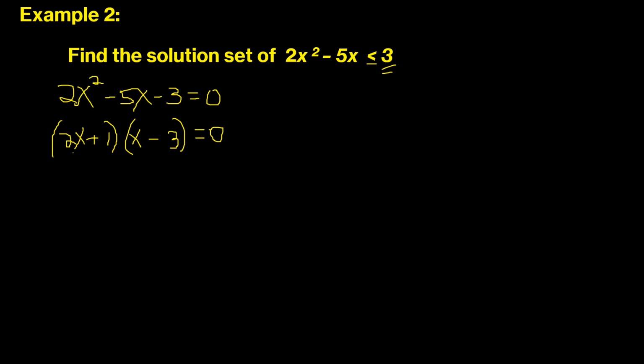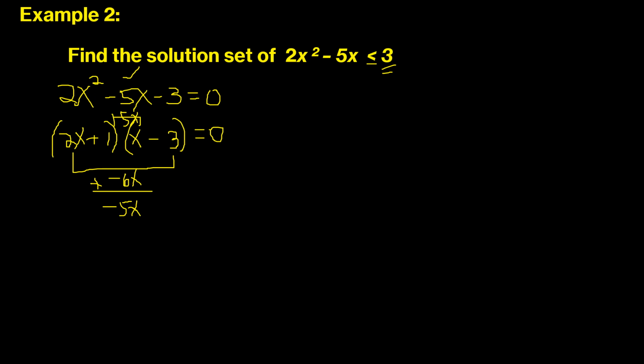So that if we multiply 2x times negative 3, that's negative 6x, and 1 times x, that's x. And if we add them, the result is negative 5x, which is the linear term in our corresponding quadratic equation. So our factoring is correct.